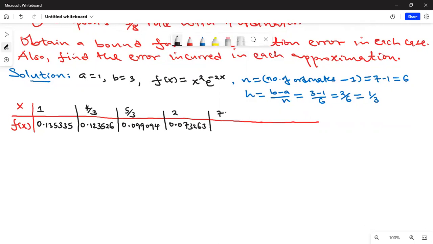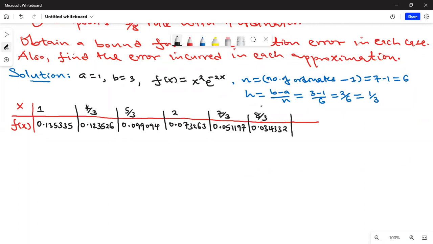I go to 7 over 3. Our f of x is 0.051197. Go to 8 over 3. That should give us 0.034332.